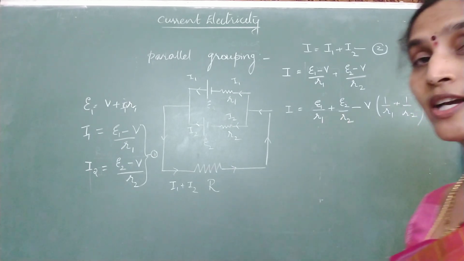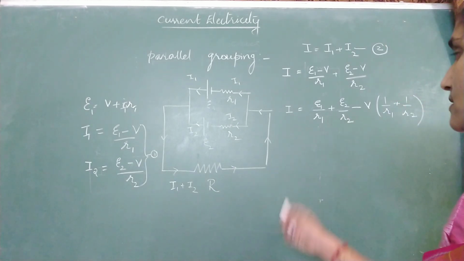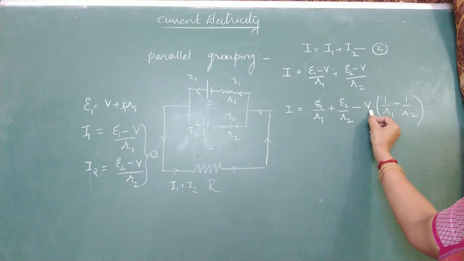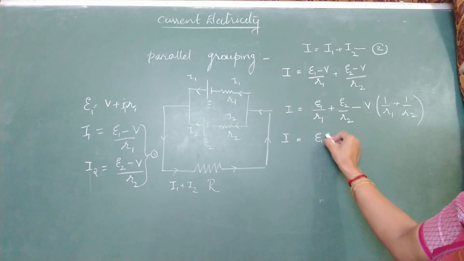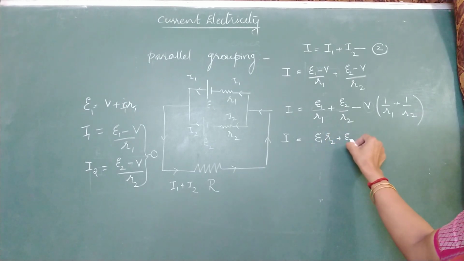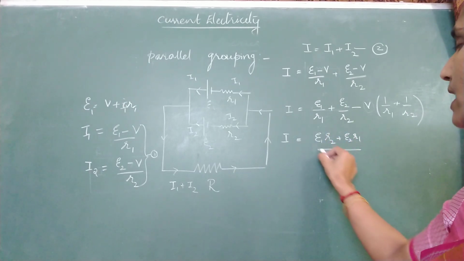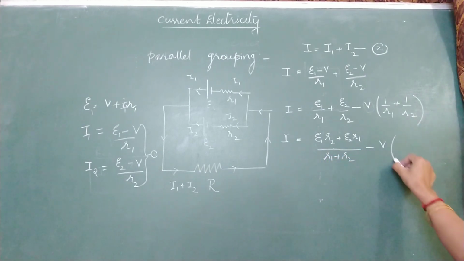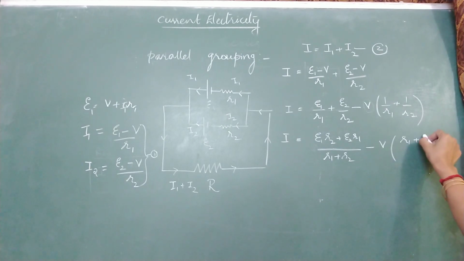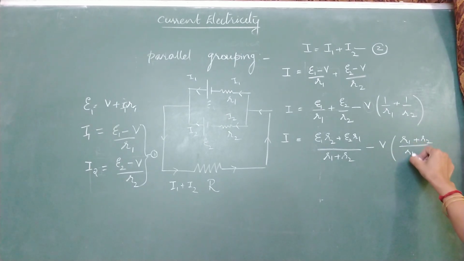I am going to modify this relation and write it in terms of V. First take the LCM. I is equal to (E1 R2 plus E2 R1) by (R1 plus R2), minus V into (R1 plus R2) by R1 R2.